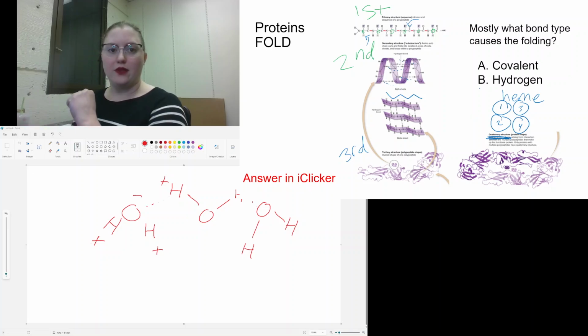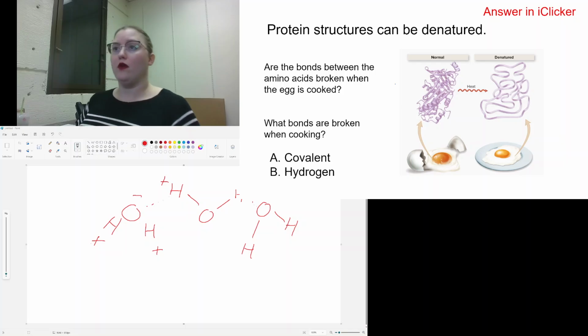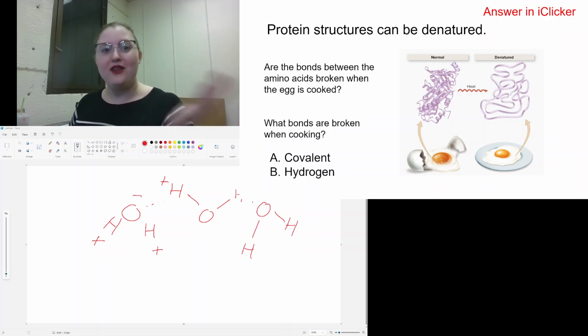So answer this question in iClicker. Which bond is mostly responsible for the folding, not the chain, the folding? Okay? Now, proteins can be denatured. So if you've ever cooked something made of protein, you know this. Eggs start out as a liquid, and you cook them and they become solid, right?